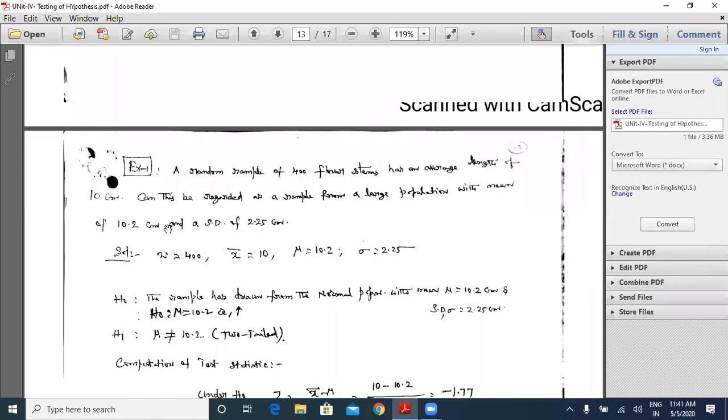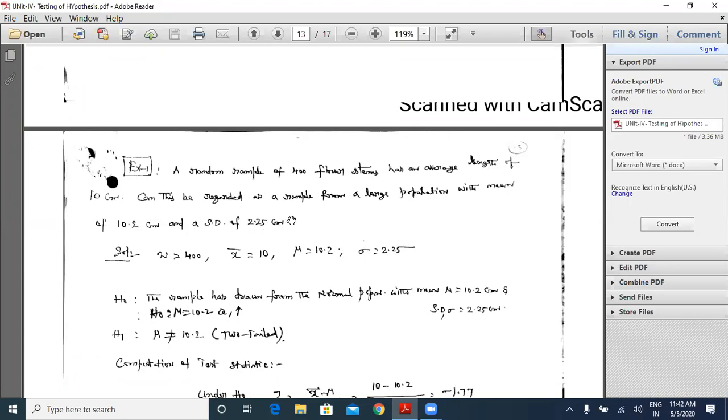We have to conclude whether the sample has been drawn from the normal population with mean 10.2. So you have to write H naught like this. Please learn how to write H naught based on this sample. Here the question is, can this be regarded as a sample from a large population with the mean 10.2? We have to check whether the sample is drawn from this population whose mean is 10.2 and SD is 2.25.